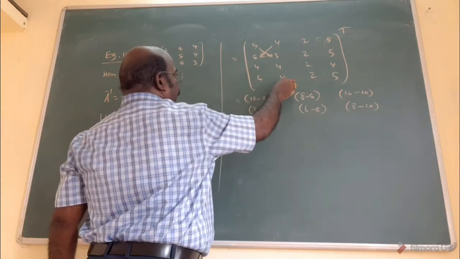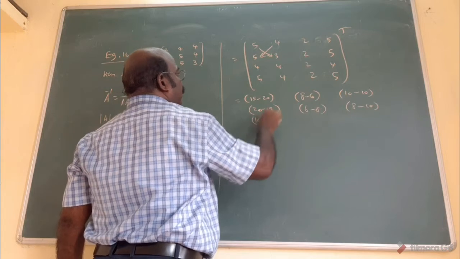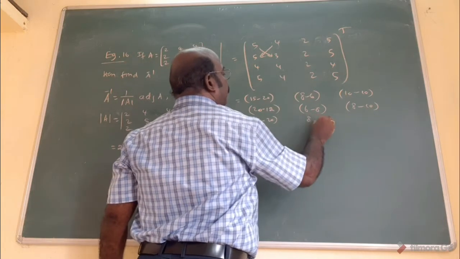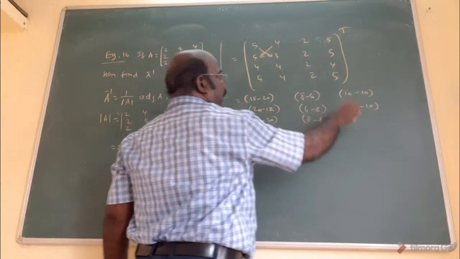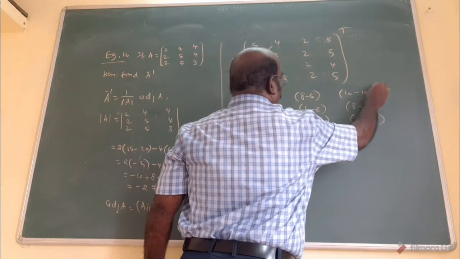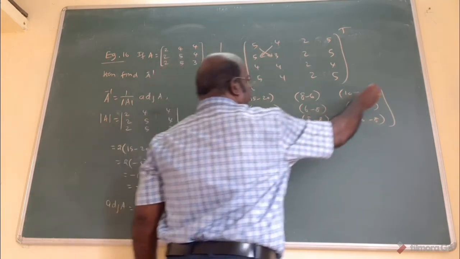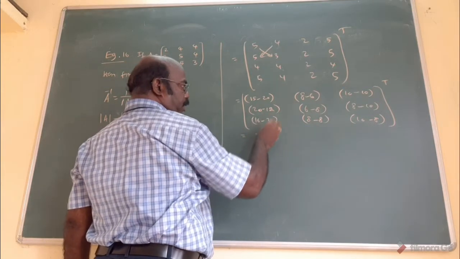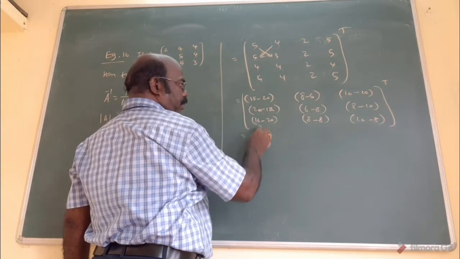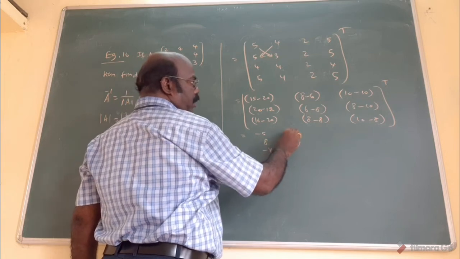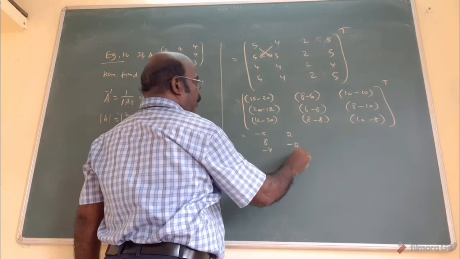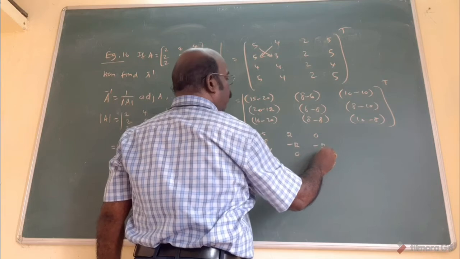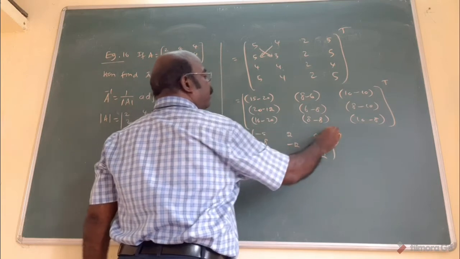Last row, 16 minus 20. 8 minus 8. Next, 10 minus 8. No surprise. Again 50. Now simplify. Minus 5, 8, minus 4, 2, minus 2, 0, 0, minus 2, plus 2.